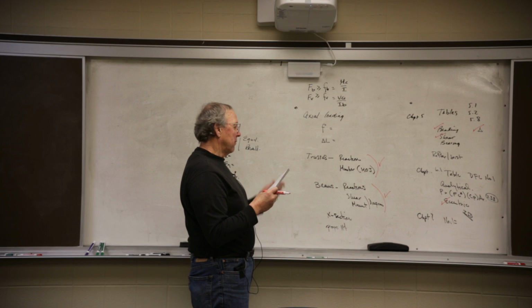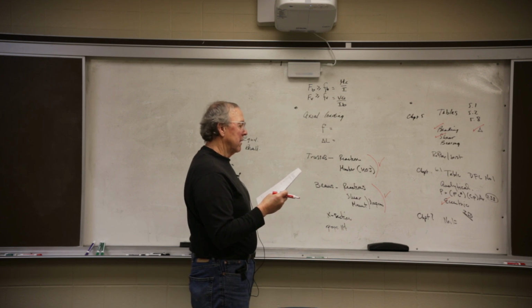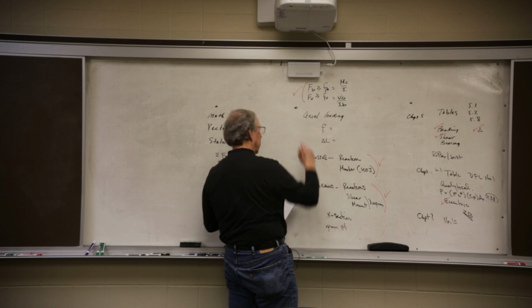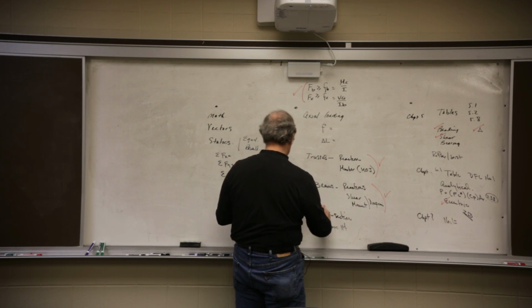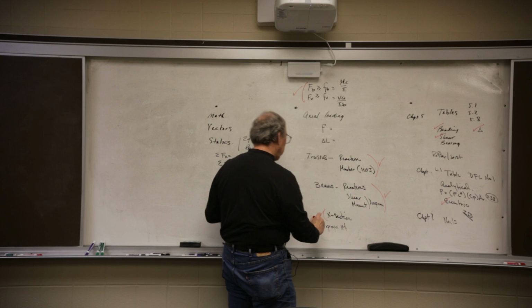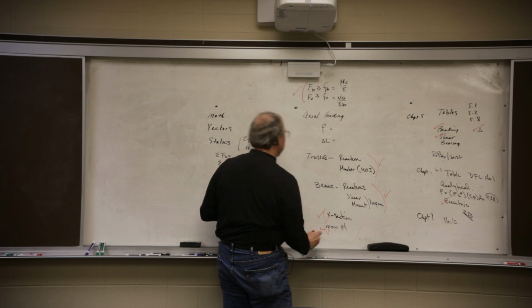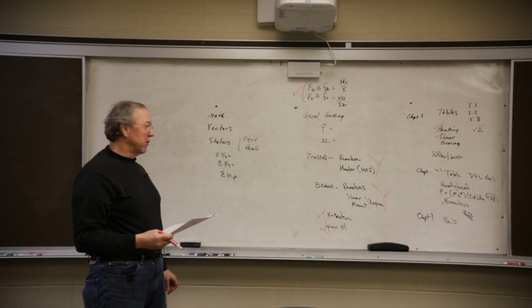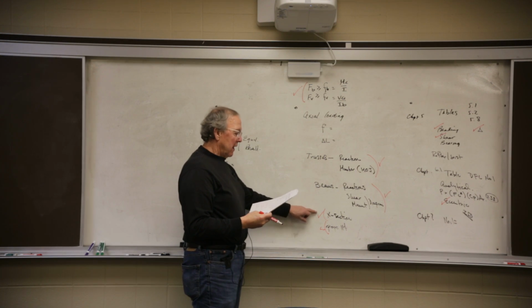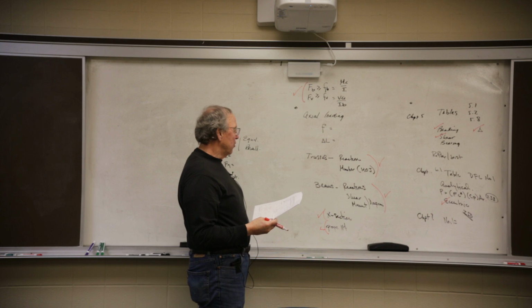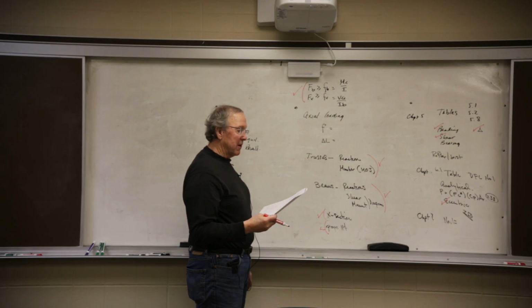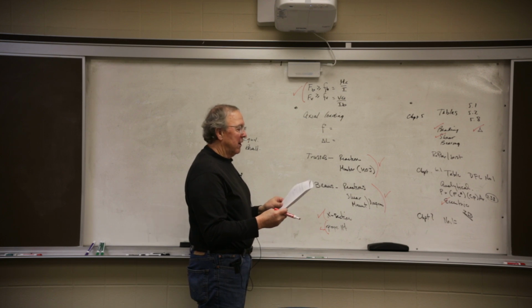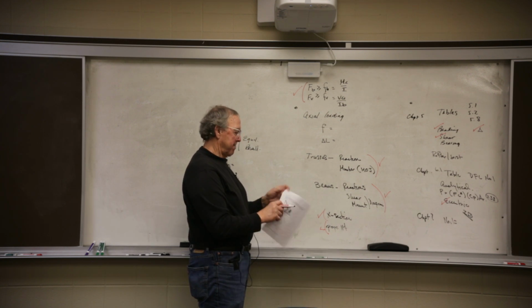The next one was, and this particular problem used this. Okay, the loading was given so you could use page 114. The shape was given so you could use the cross-sectional properties in the back of the book. And you had to find the two stresses, the shear and the bending.